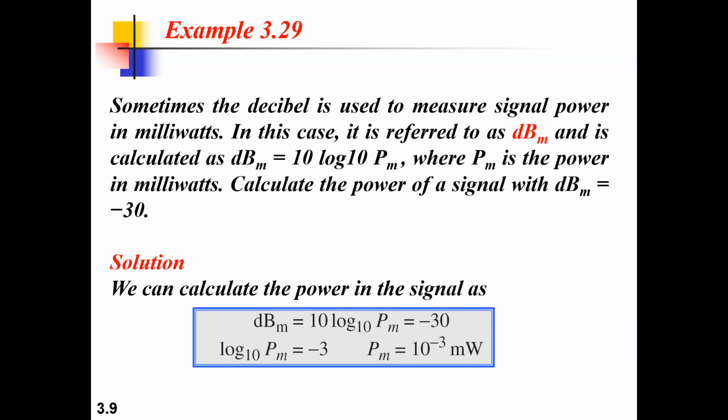Okay, so we can calculate the power in the signal as dBm, because it's in milliwatts. dBm equals 10 log10 with base 10 of Pm, that is milliwatts. Here the value of P is supposed to be calculated, right?